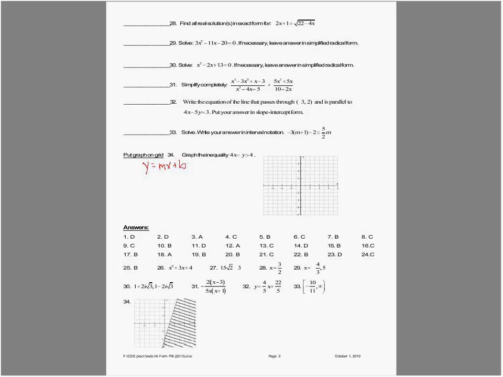Starting with 4x minus y is greater than 4, I want to move that 4x to the other side, so we're going to subtract it. Down here, we're left with negative y greater than negative 4x plus 4.